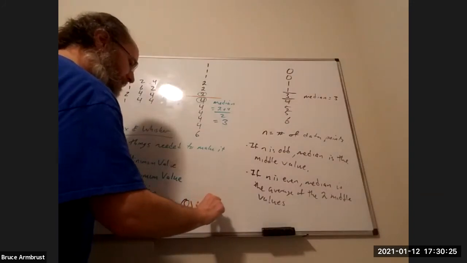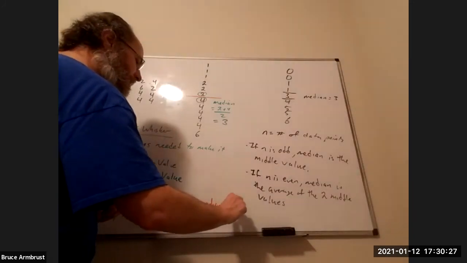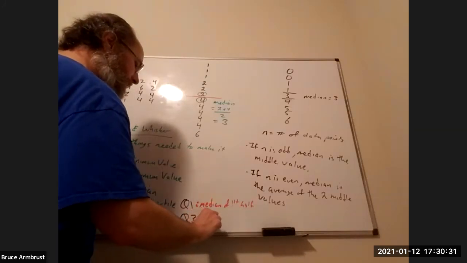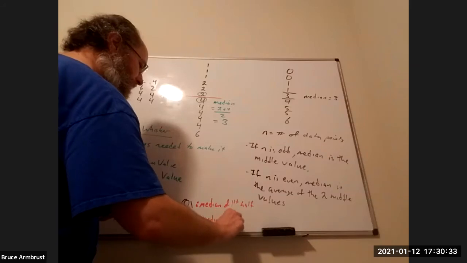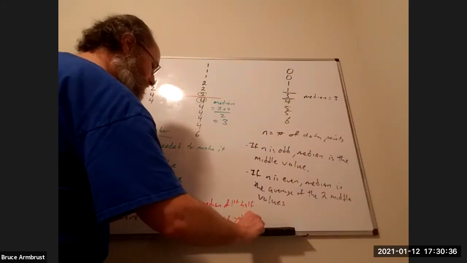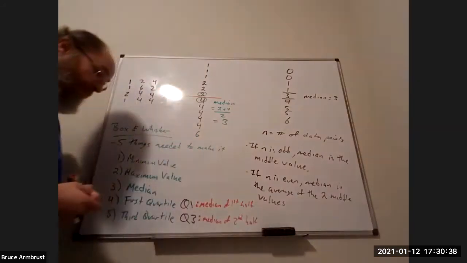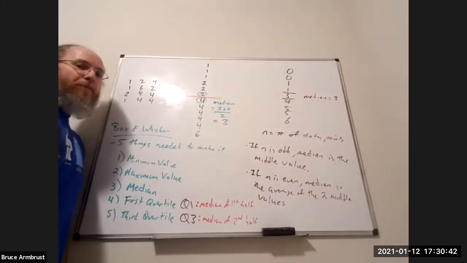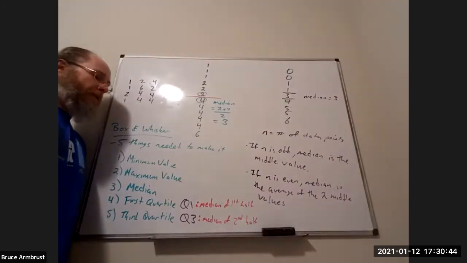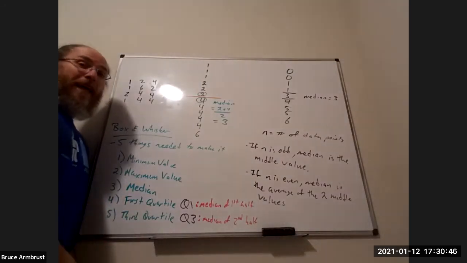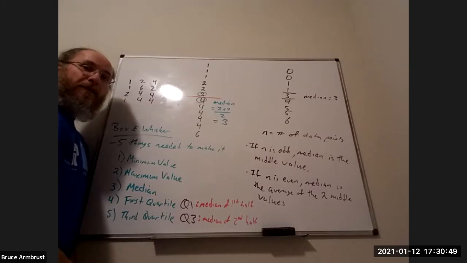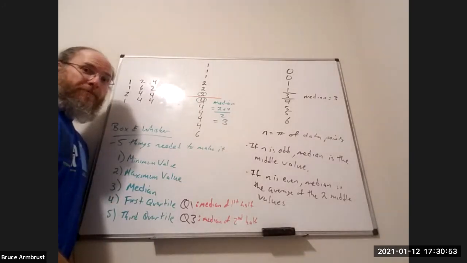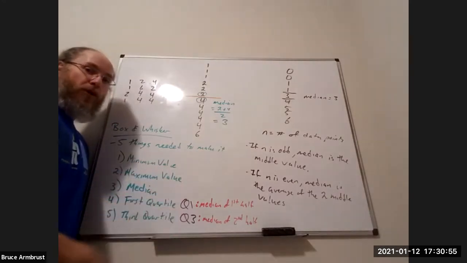So this is the median of the first half. And Q3 is the median of the second half. All right, so it's the midpoints of the first and the second half. Basically, what that means is that these quartiles break us into quarters, because half of a half is a quarter.